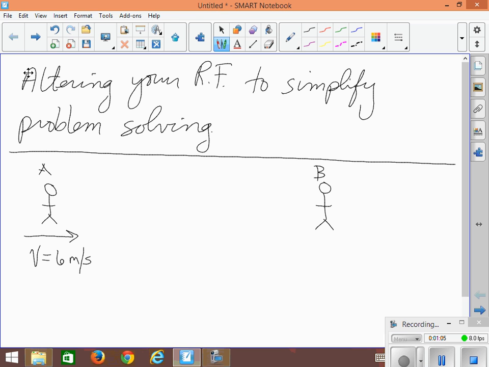And person B is going to run towards person A, the opposite direction, with a constant speed of 4 meters per second. And they're going to start at a distance of 100 meters apart.